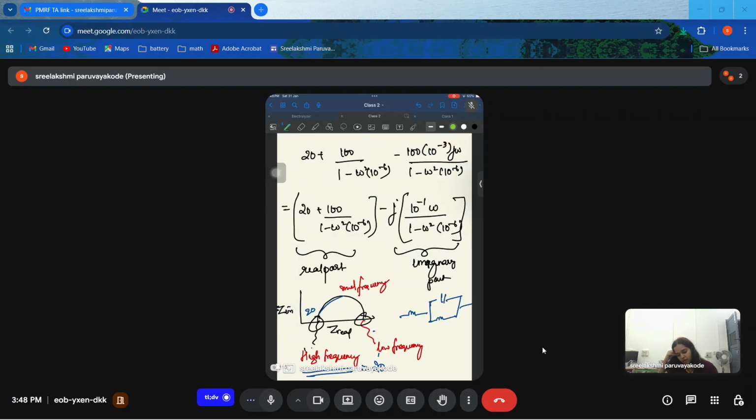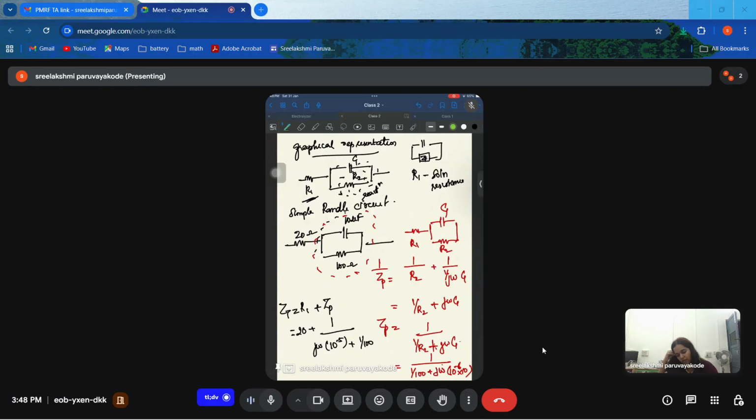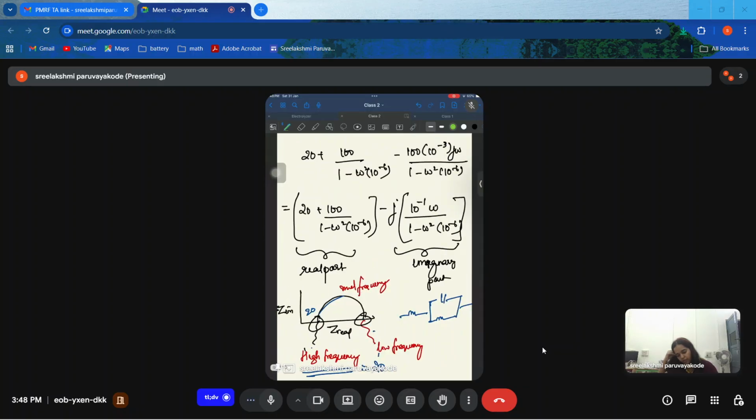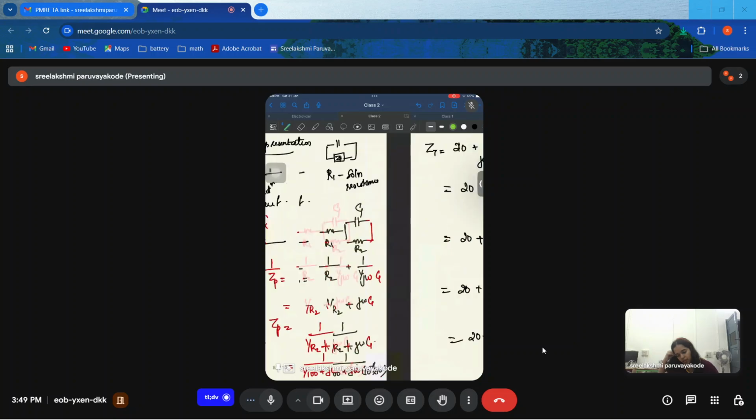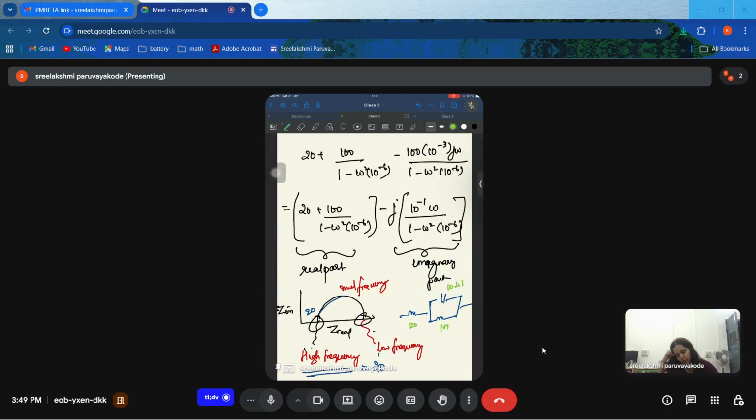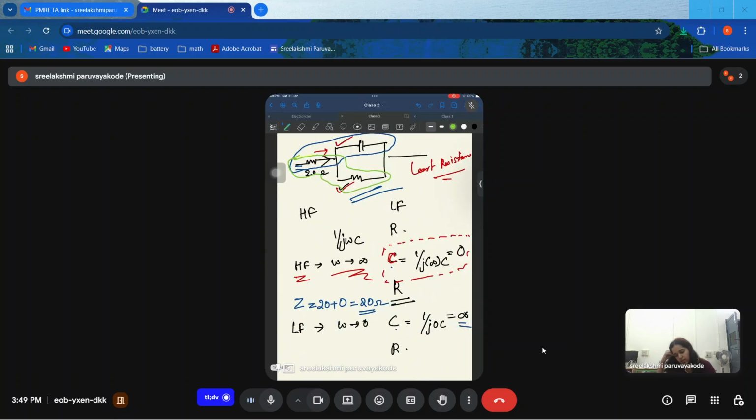So, for this question, which we had done, the value of the resistance is 100 ohm. This is 20, this is 100, and this is 10 microfarad. So now what is the resistance? Z equal to 20 plus what is the next resistance? 100. That's 120 ohms.